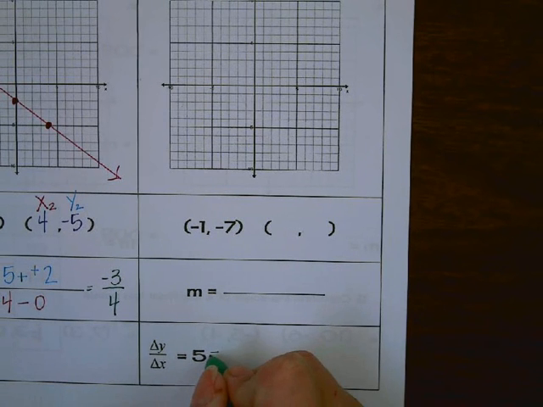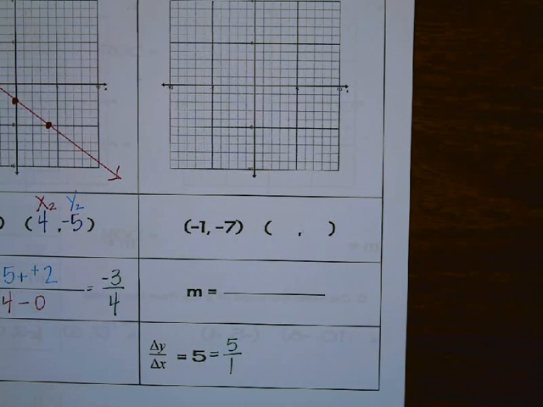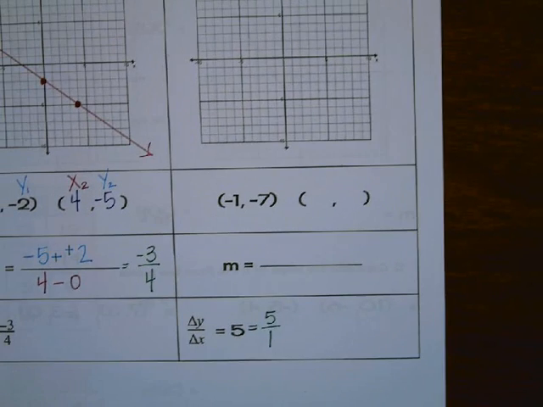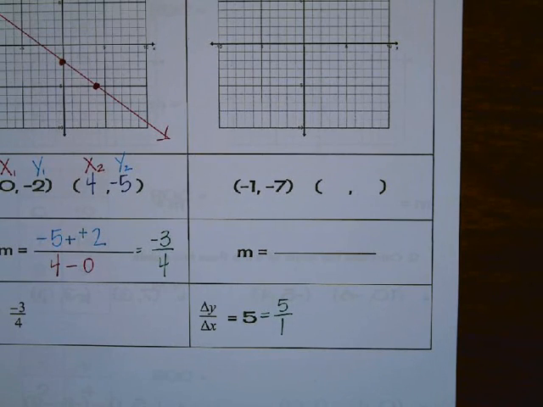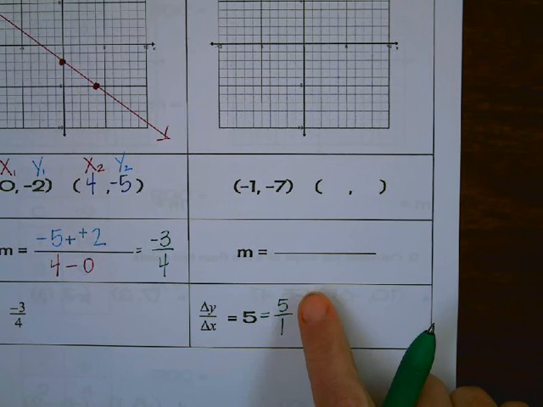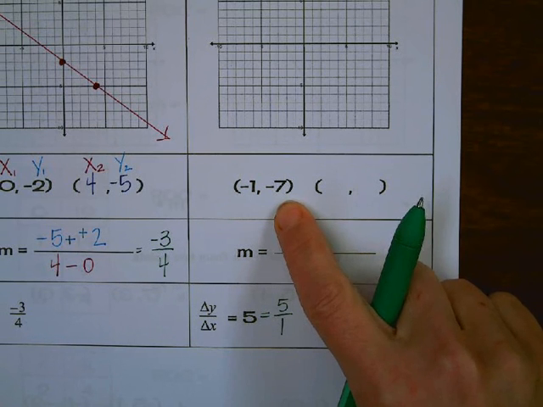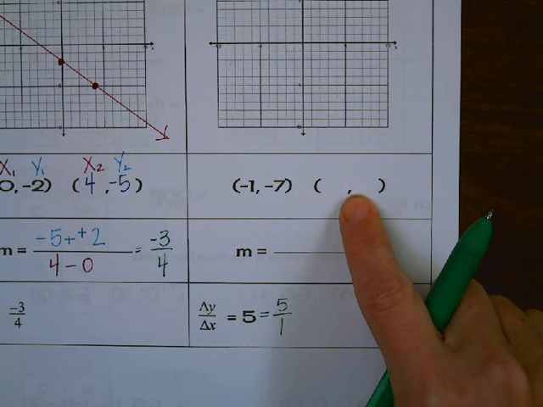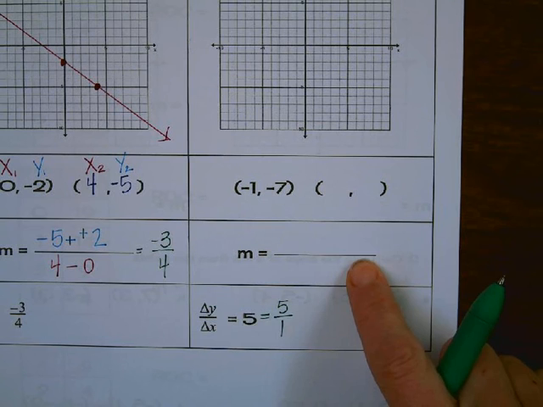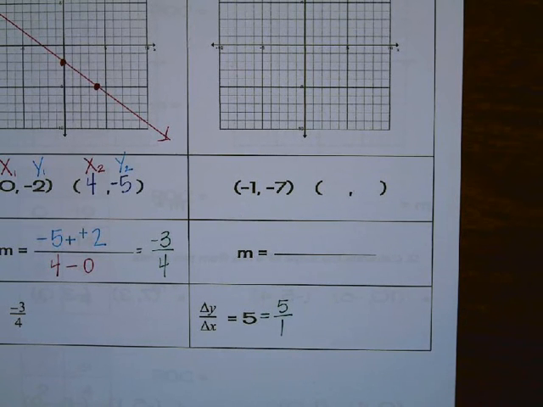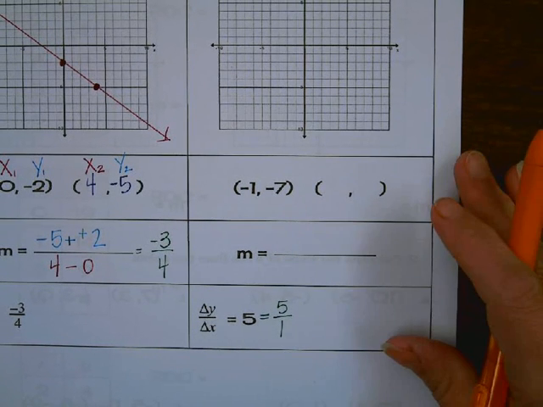Well, we've learned that if I take that 5 and put it over 1, it is exactly the same. 5 divided by 1 is going to be 5. So now that I know my change in y is 5 and my change in x is 1, I can plot that first point and determine what my second point is going to be, and then find my slope. So I'm going to plot my very first point, which is -1, -7.